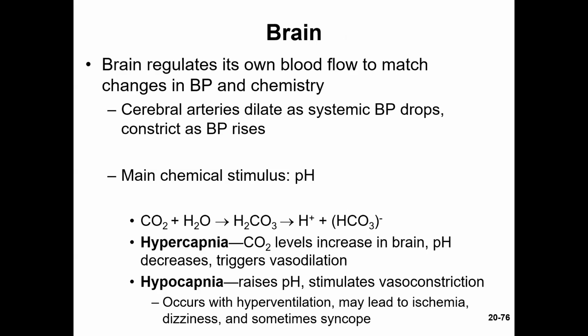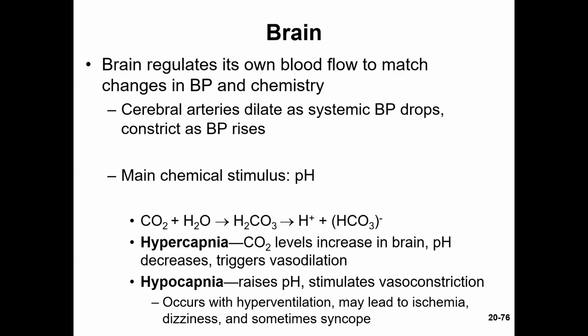The brain regulates its own blood flow to match changes in BP and chemistry. Cerebral arteries dilate as systemic BP drops. Constricts as BP rises. The main chemical stimulus is the pH. So we understand one of our buffer systems, that bicarbonate buffer system, is going to have something to do with this.